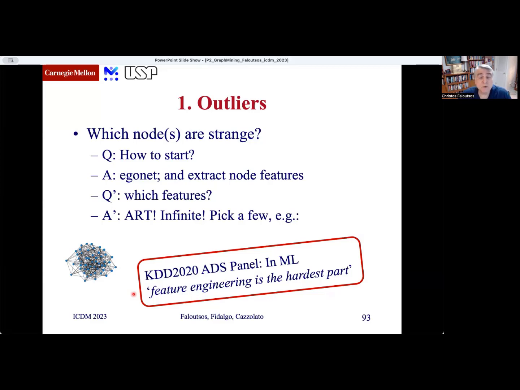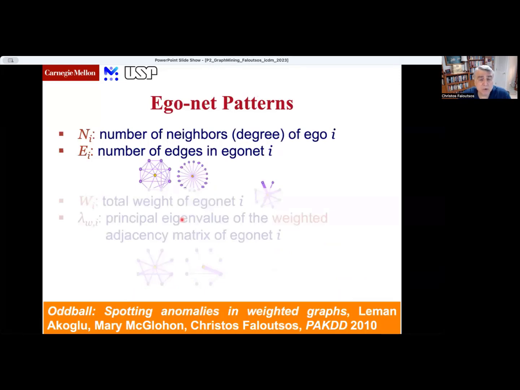So, which features would you pick? Well, the number of nodes makes sense. If this is an egonet, the number of purple nodes makes sense. The number of edges in the egonet also makes sense. There are additional features mentioned in the oddball paper, but we won't elaborate here, because even these two features are good enough to help us spot outliers.